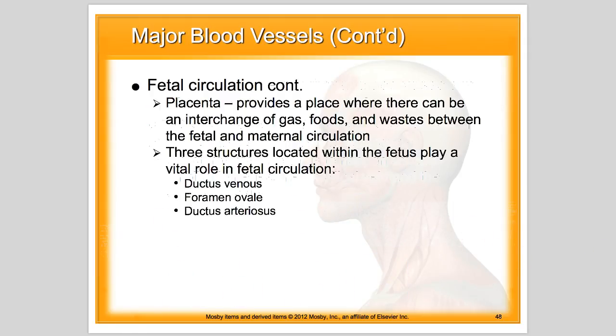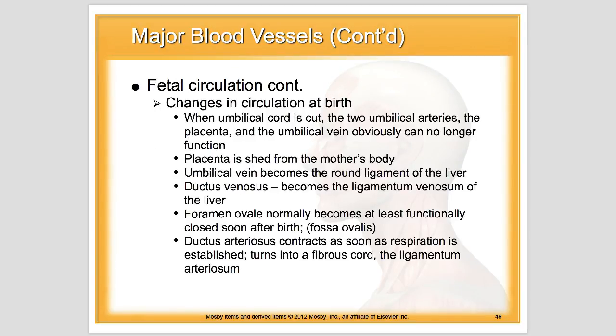And that's called the foramen ovale. And this is more detailed about that. It says the foramen ovale becomes functionally closed after birth. And there are other parts about the circulation of the liver and how the placenta is involved.